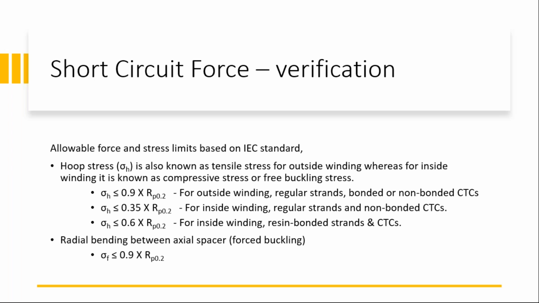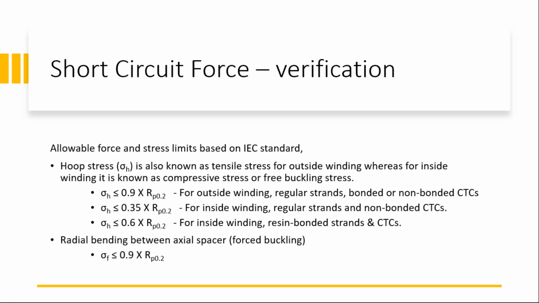For the hoop stress, also known as the tensile stress, the limit is restricted to 90% of the 0.2% proof strength of the material. And for the inner winding, it is different for CTC and regular strands. For CTC, normally we use the bonded CTC, so you can go up to 60%.